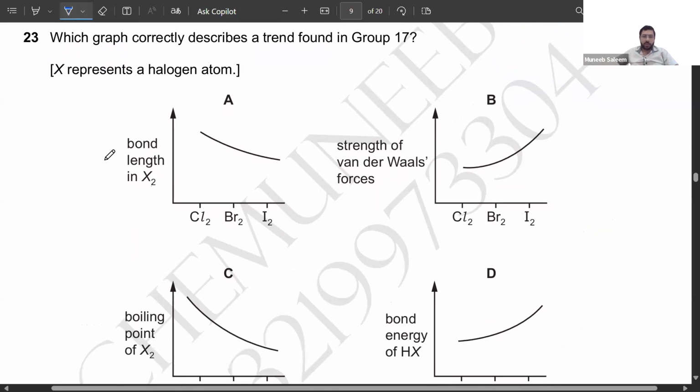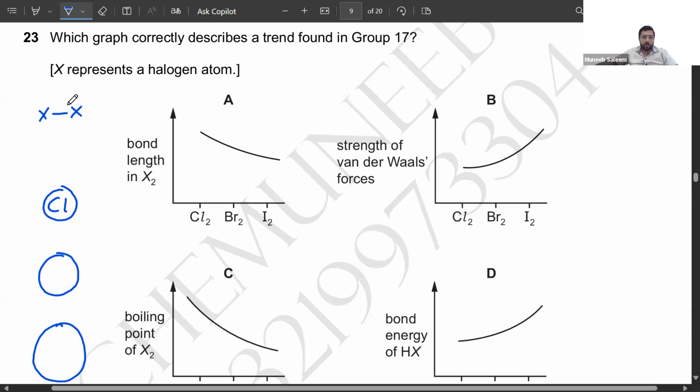So basically it's wrong. We know that chlorine is smaller than bromine, then bromine would be of a larger size, and iodine will be even larger in size. So bond length is basically the distance between the two halogen atoms, from nucleus to nucleus.